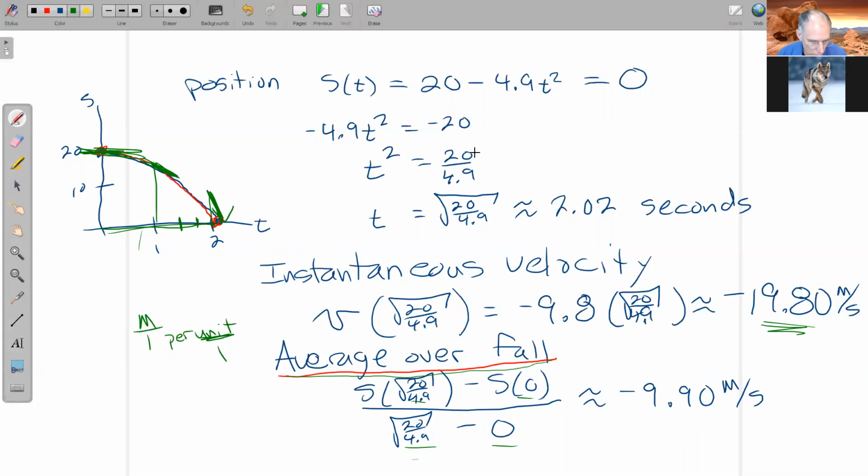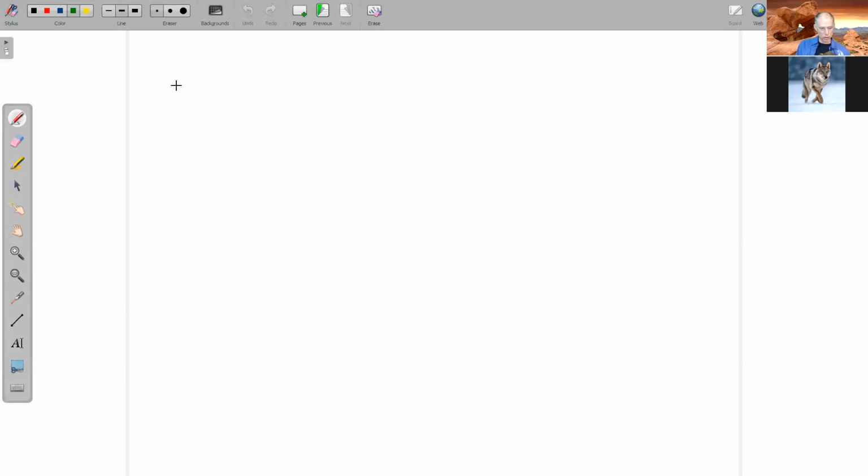Okay, next problem, population. We had a homework problem similar to this, and hopefully it went okay. We did a problem like this a while ago. Let's look at population of bacteria.